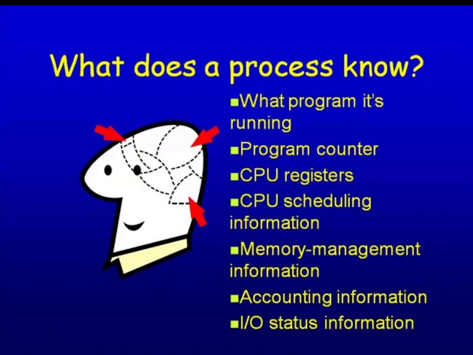Scheduling information, priority for example, memory management, what access does the program have to various aspects of memory, account information, charging for process use, CPU use, I/O information, a whole wealth of information that goes on when you have a process.